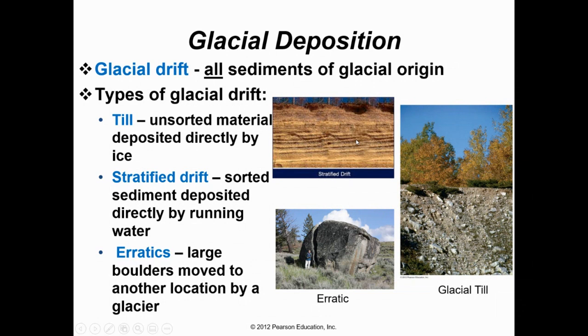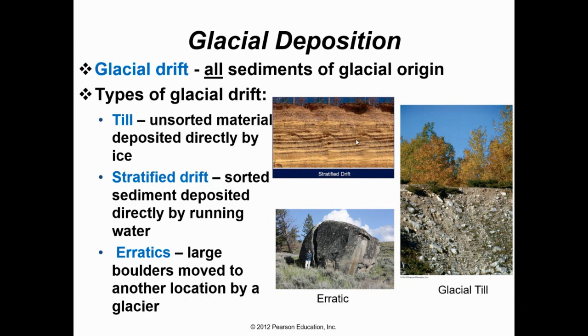Okay, then there's stratified drift. The difference with stratified drift is that this stuff is well sorted and it's layered. So we know that stratified drift is sediments that are glacially derived that are sorted by the water from those subglacial streams.